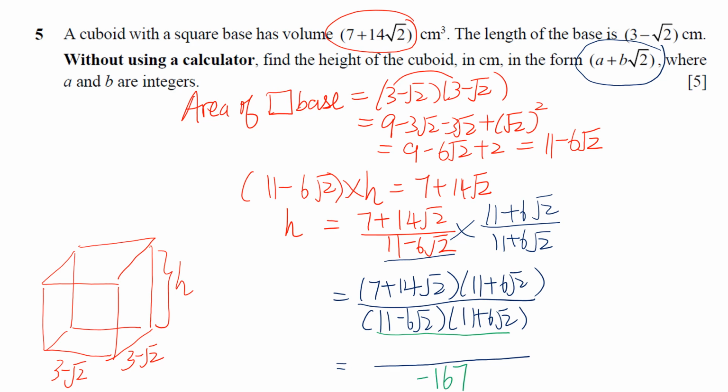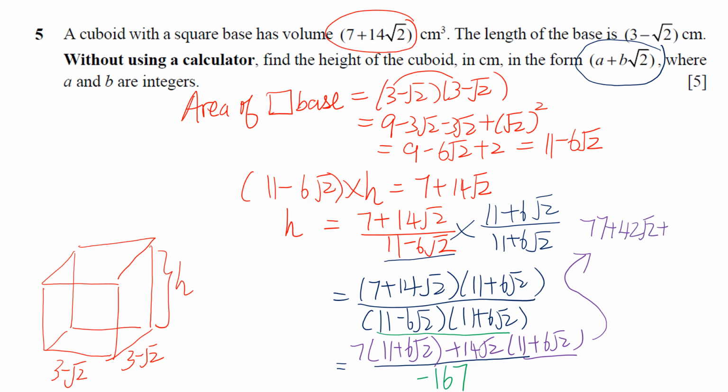Then of course the numerator, you cannot use a calculator. Okay, numerator, you have to expand it. So I'm going to use distributive law to do it. So not everything use calculator. Everything use calculator, then yeah, that will be quite wonderful. Alright, so now let's expand it. So that will give me 77 plus 42 square root 2. 14 times 11, 154 square root 2.